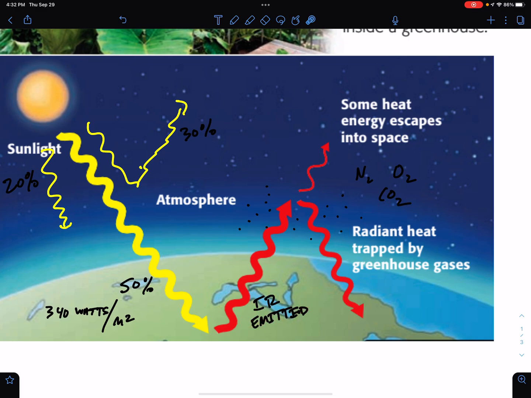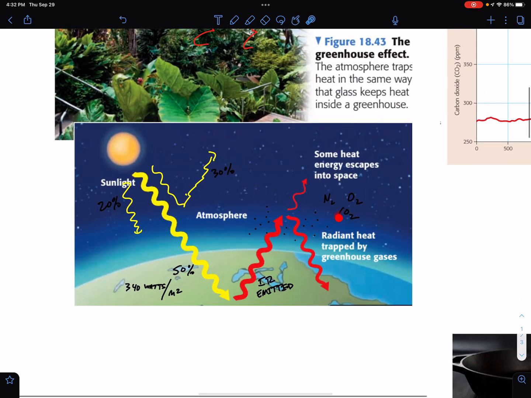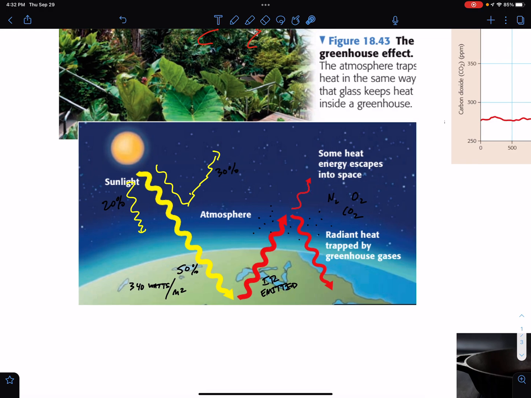So CO2 will trap this infrared light, just like the greenhouse glass panels are not allowing this IR infrared light to pass back through. CO2 is not allowing this infrared light to pass back through the atmosphere.